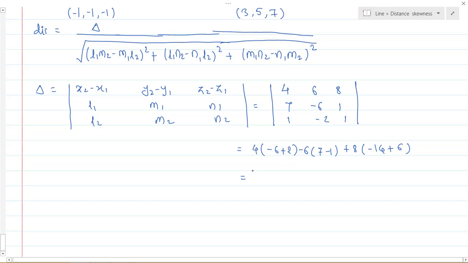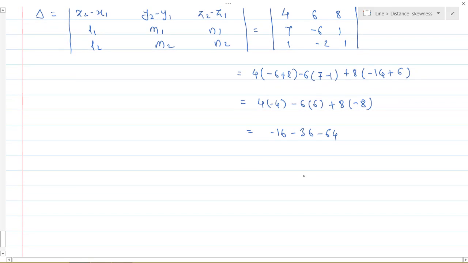That is 4 into minus 4, which is minus 16, minus 6 into 6, which is minus 36, and 8 into minus 8, which is minus 64. Adding all this gives minus 116. This is my numerator, which is del.